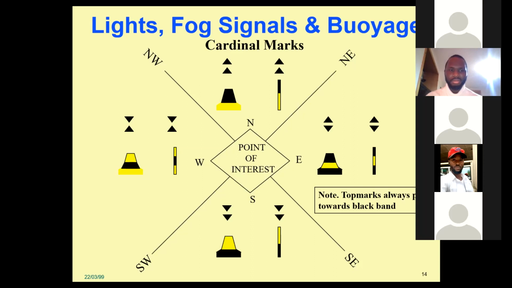That's for the South Cardinal Mark. White light flashes, 6 very quick flashes plus 1 long flash every 10 seconds, or quick 6 flashes plus 1 long every 15 seconds. Thank you very much. That's more like it.